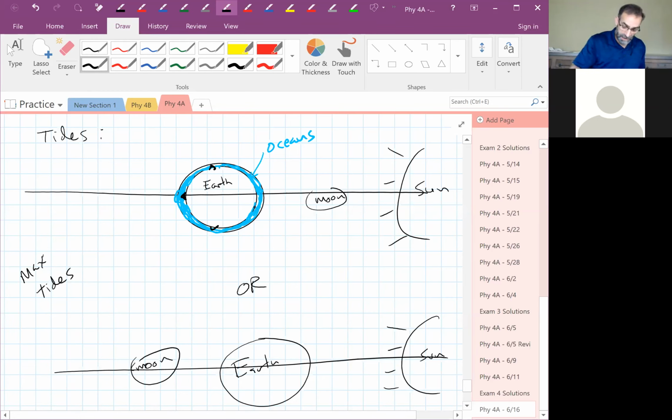And a little while later, it's over here where the oceans are deep again. So the water gets stretched, the Earth spins, and the point on Earth passes through high tide, low tide. You can see how it goes through high tides and low tides as the day progresses.